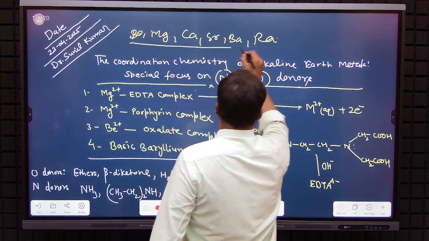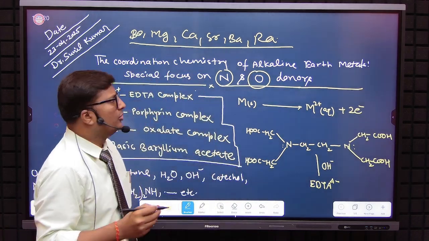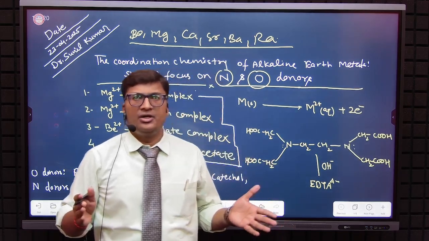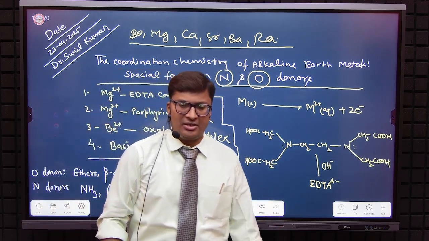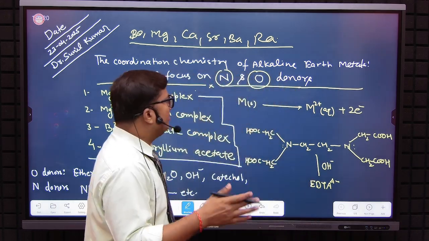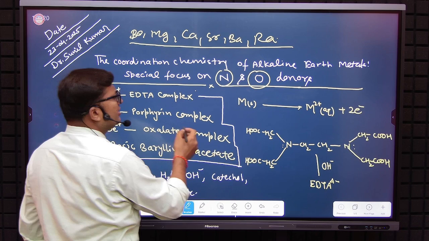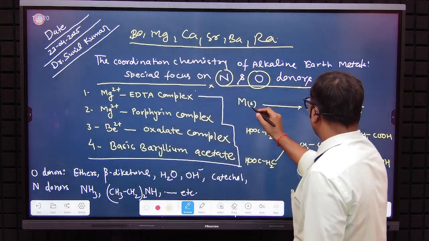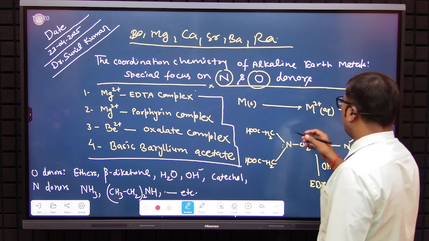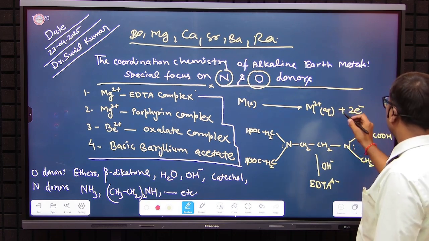All these metals exist as divalent cations, because of low ionization energy, negative standard reduction potentials, and low electron affinity, which give rise to the formation of divalent metal cation. So this is actually metal solid. Once it is dissolved, or energy is supplied, then this is converted into M2+ aqueous plus 2 electrons.